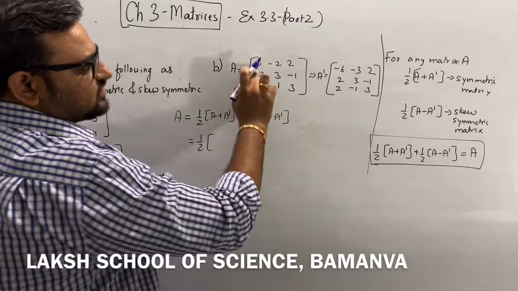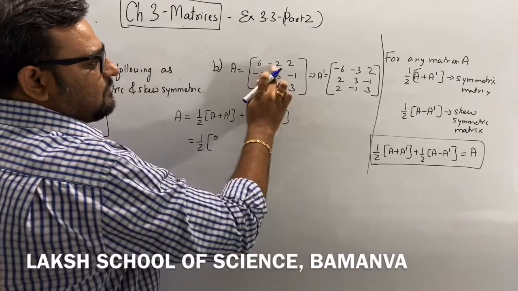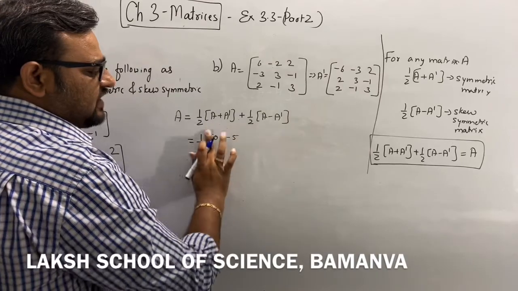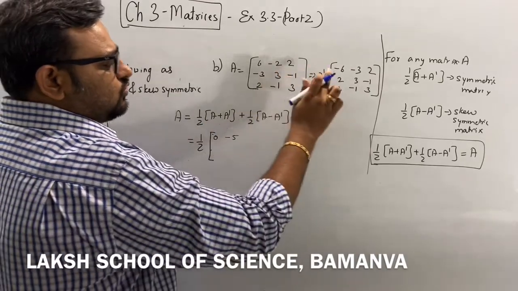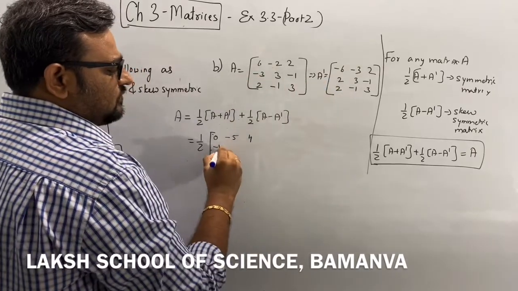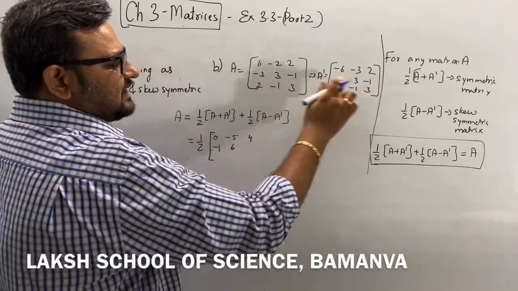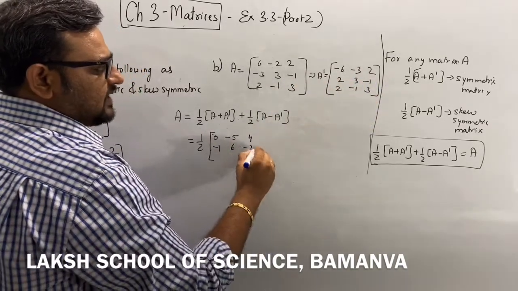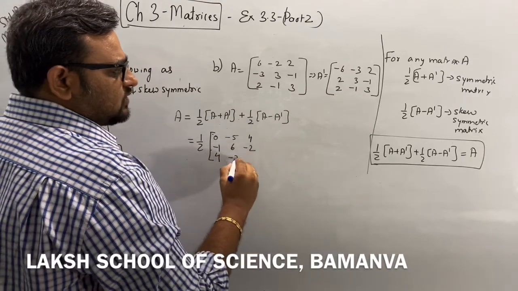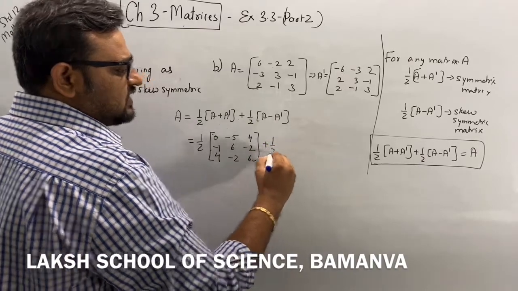Okay. So now, what will be this half A plus A? So 6 plus minus 6, 0. Minus 2 plus minus 3, minus 5. 2 plus 2, 4. Minus 3 plus 2, minus 1. 3 plus 3, 6. Minus 1, minus 1, minus 2. 3 plus 3, 6. Plus half.